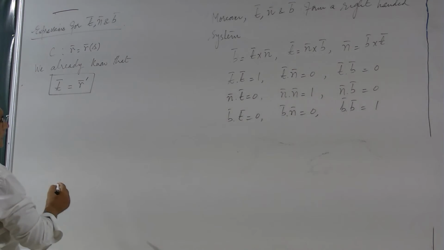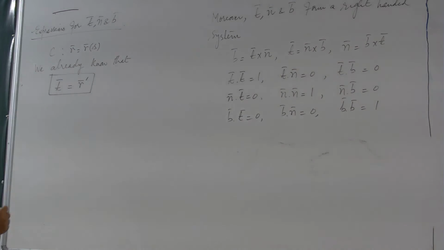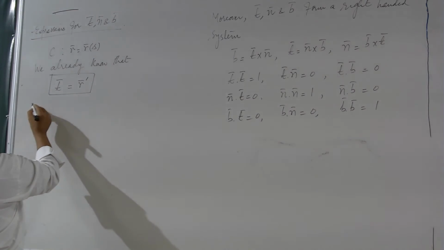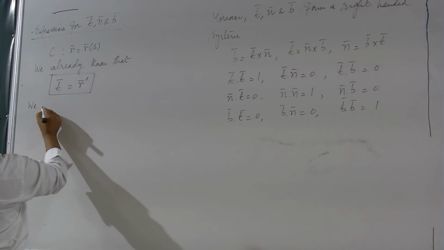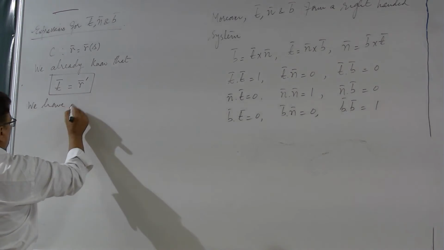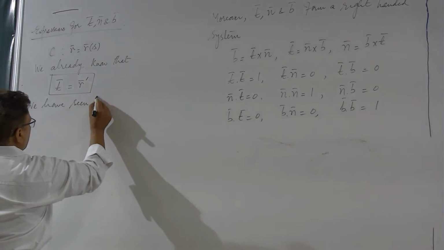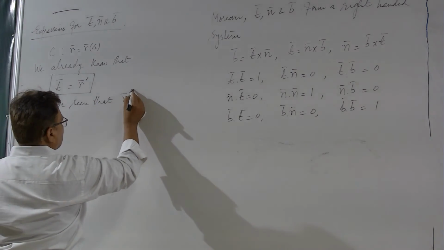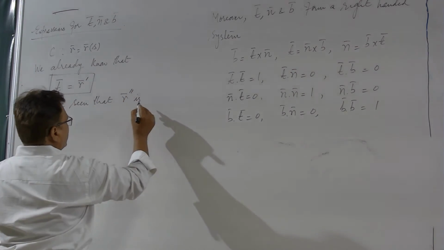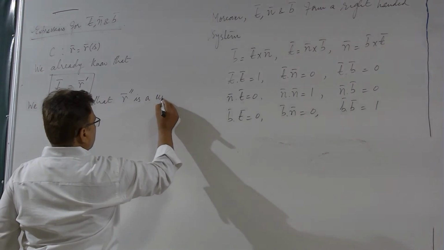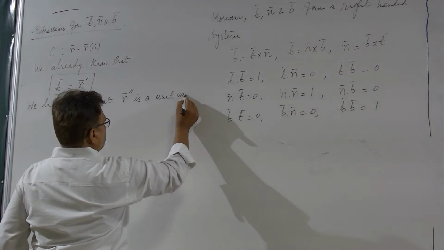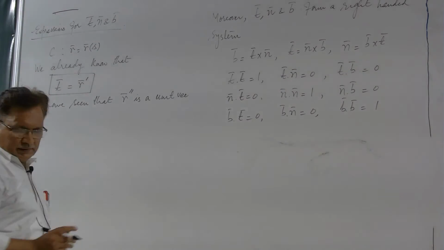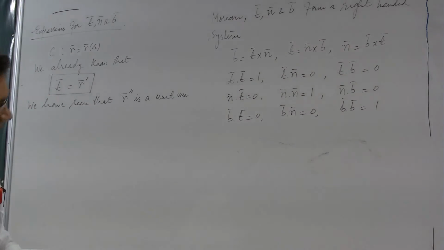And the second one is N. So, look here, we have just seen that R double dash may not be a unit vector in fact.